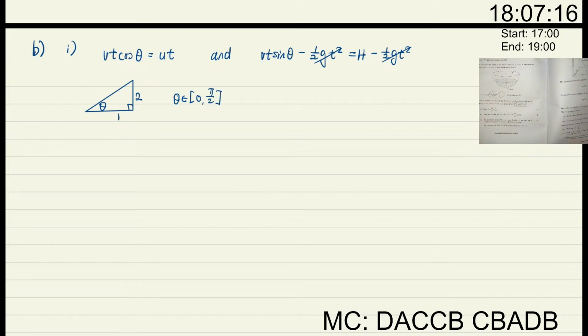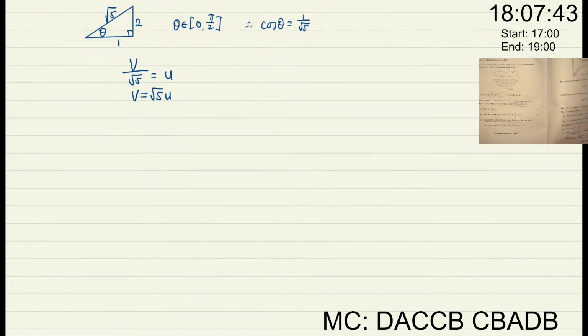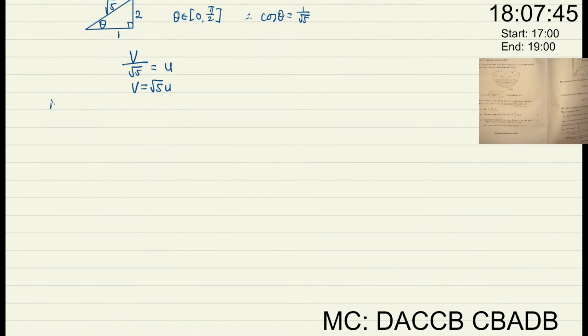Okay, so that will be root 5, and therefore cos theta equals 1 on root 5. So cancelling out the t's, we get v on root 5 equals u. Now I'm pretty sure that this is going to come in handy later, because it's a really strict relationship between the projection velocity of the two projectiles.